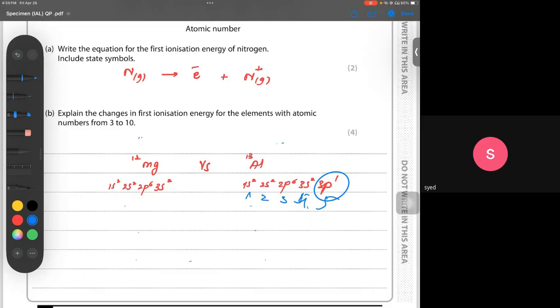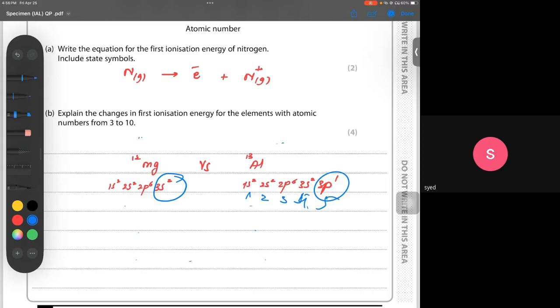So less energy would be required to remove this electron as compared to this. 3s is full, more stable, nearer to the nucleus and more attracted, so more energy would be required to remove an electron from the 3s orbital as compared to the 3p orbital. That's why aluminium has a lower ionization energy than magnesium.